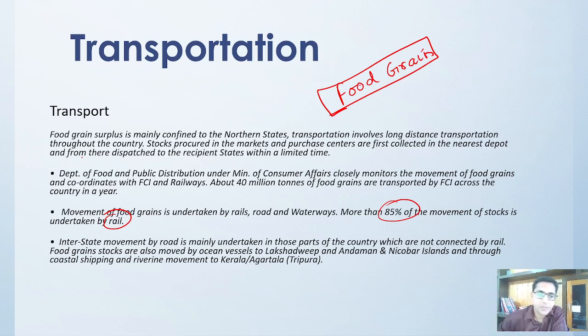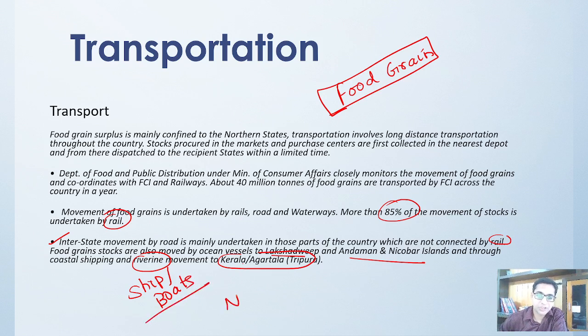Here we are only talking about how transportation happens in India for agriculture produce. Then interstate movement by road is used where proper rail connectivity is not there. And at some places like Lakshadweep, Andaman Nicobar, Kerala and Agartala, there is riverine movement with the help of ships and boats, because a lot of national waterways are developed there.